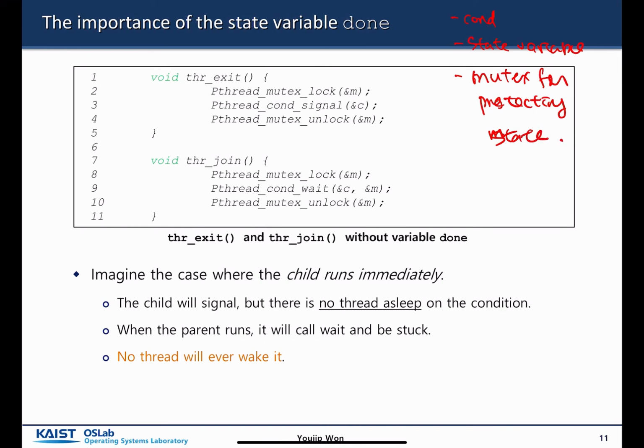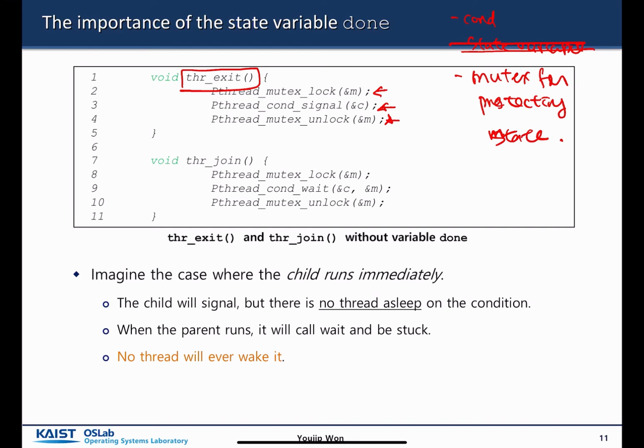Okay. So then what if we do not use a state variable? Let's look at this situation. There are two functions, thread exit and thread join. In thread exit, it locks the mutex, generates a condition signal and unlocks it.